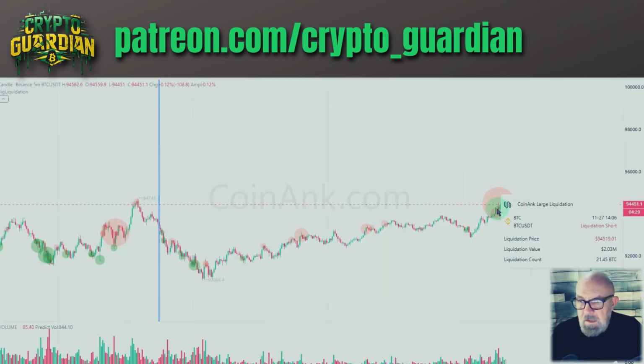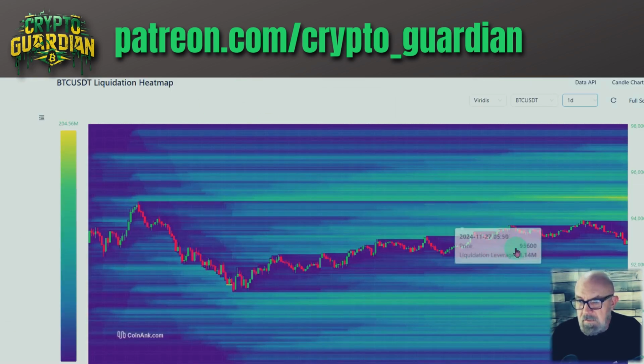Again, we've got a big area of liquidations on shorts, which is why it's started to help push this up a bit. So what's happened in this area, you haven't got many short liquidations, but it's kind of settled, because there wasn't much around.